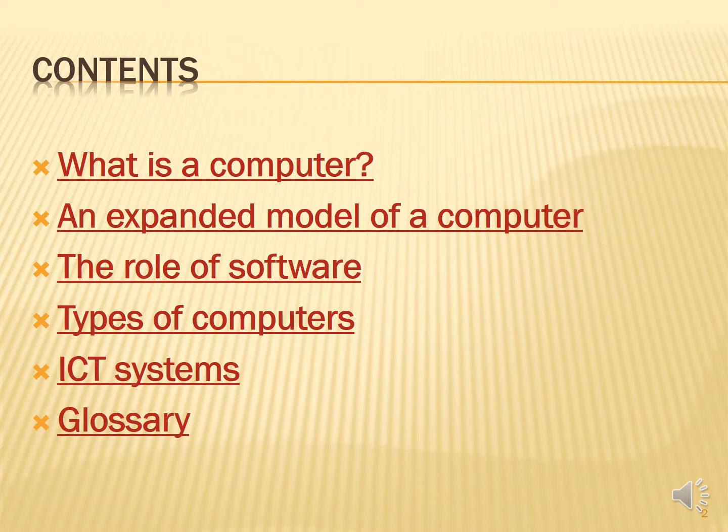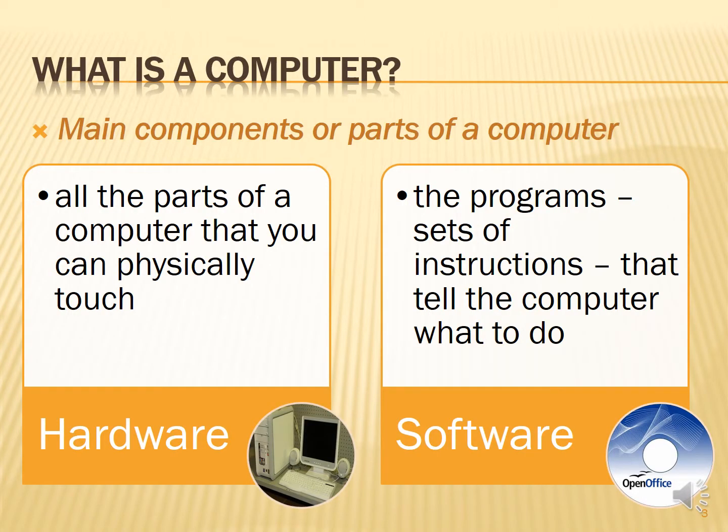Even the cell phone that you have in your hand is a form of computer. Then we look at ICT systems, and that is how does information technology get used in the real world. And at the very end we have a glossary. A glossary would be an explanation of terms, just in case you don't understand specific terms.